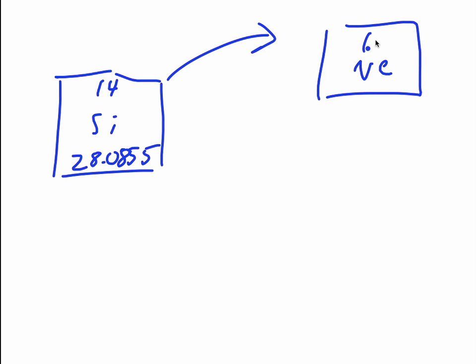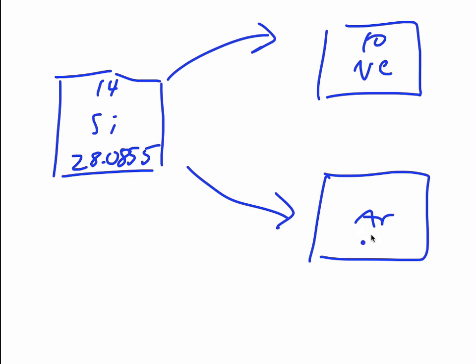Well, we have neon, which is 10, and then we have argon, which is 18. So it can either lose 4 and become silicon +4, or gain 4 and become silicon -4. So silicon has some flexibility here, and that kind of lends insights into why silicon-based organisms are common in science fiction, given that we are a carbon-based organism.